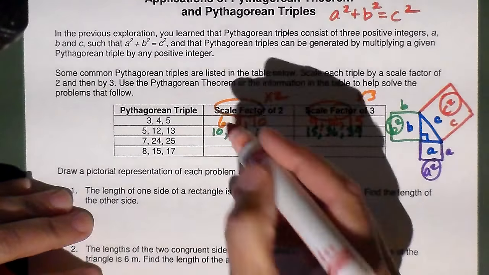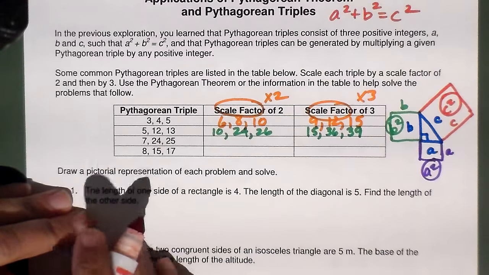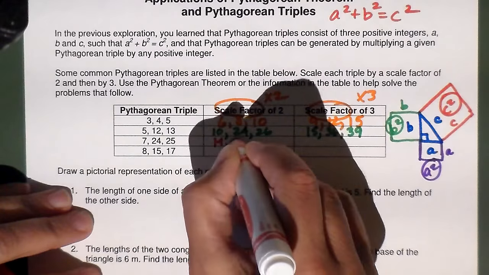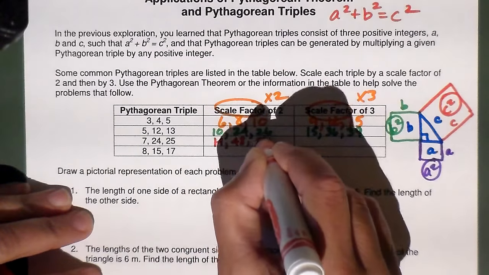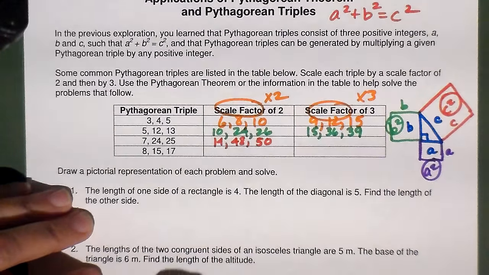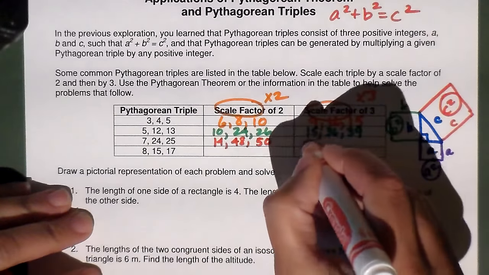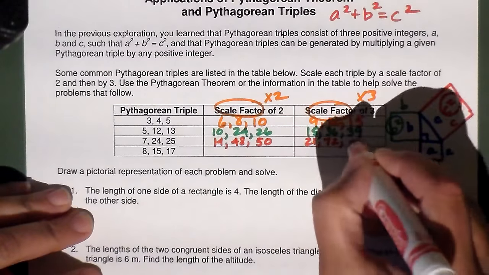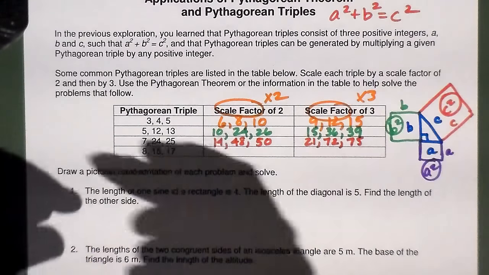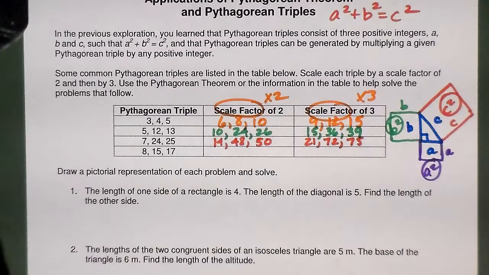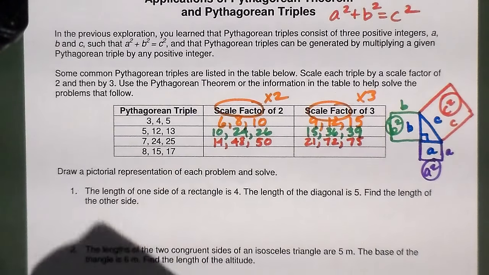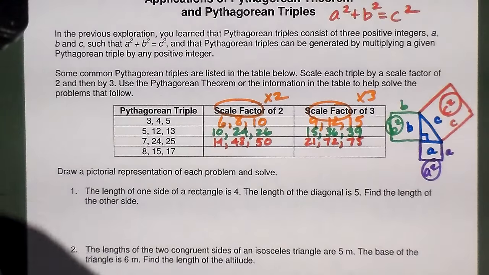Let's look at 7, 24, 25. That is another Pythagorean triple. If I double everything, that's 14, 48, and 50. If I triple everything, I have 21, 72, 75. All of these are right triangles. They're all Pythagorean triples, and they're all predicated on the basic Pythagorean triples, which is your first column here.